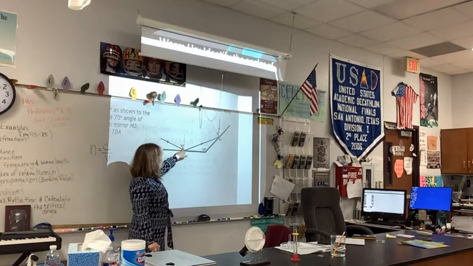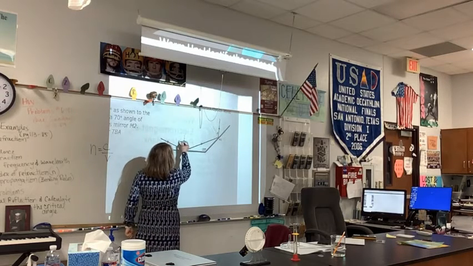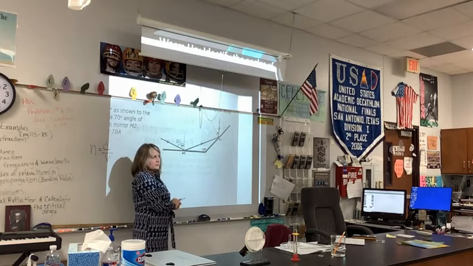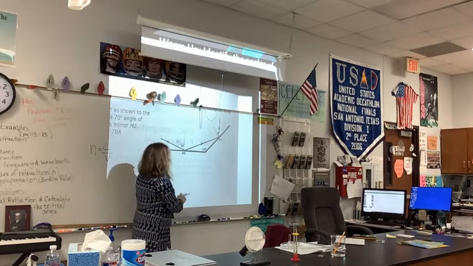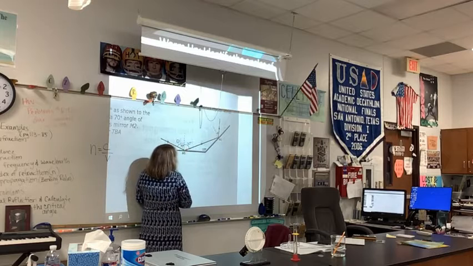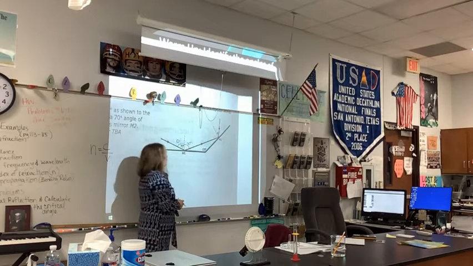It shows us the angle of incidence is 70 degrees. So if the angle of incidence is 70 degrees, what do we know? The angle of reflection would also have to be 70 degrees. What do you know about the normal line? Perpendicular.